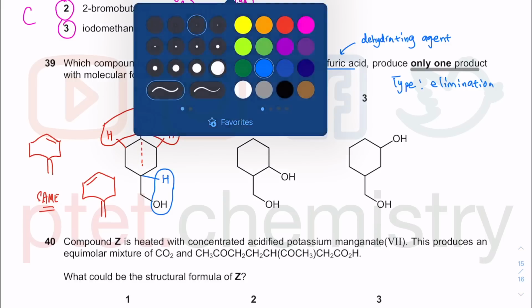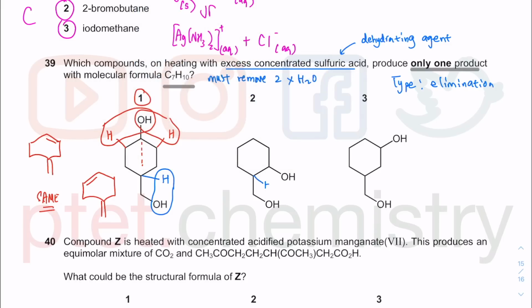On to the next one. So this H at the bottom has no choice, and then there is only one hydrogen here, and I have to use it with this one because they say C7H10, no oxygen. I have to remove this OH, therefore I have to use this H. If I use this H and I form a double bond there, carbon form 4 bonds, 1, 2, 3, there is only one hydrogen there. So after I use this hydrogen for this elimination, there is no more hydrogen for this, but I need to go to the other hydrogen, which is on this side.